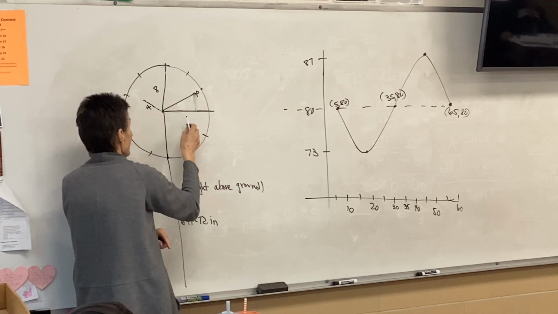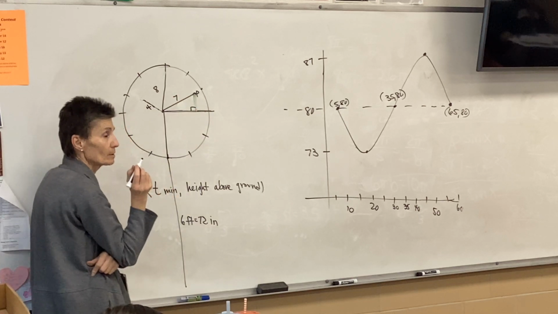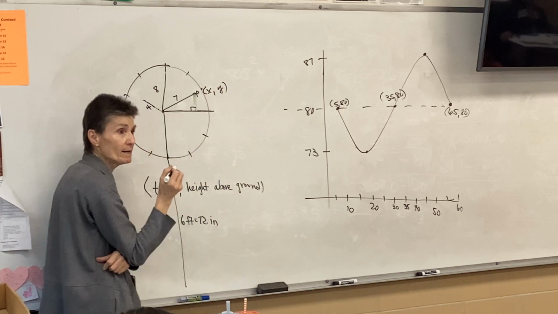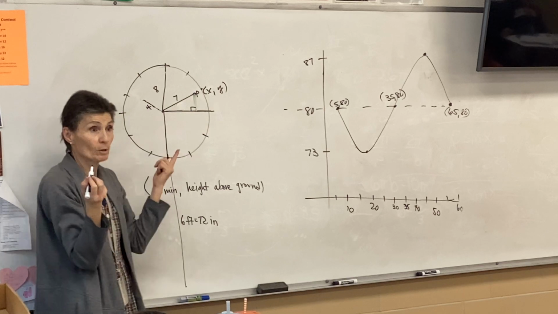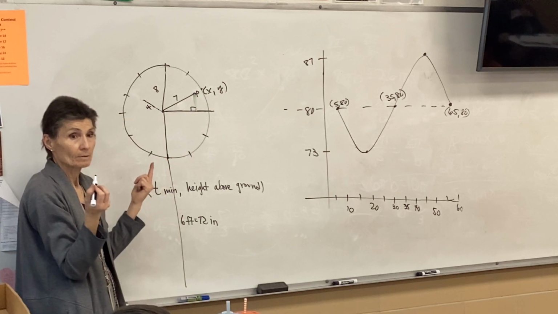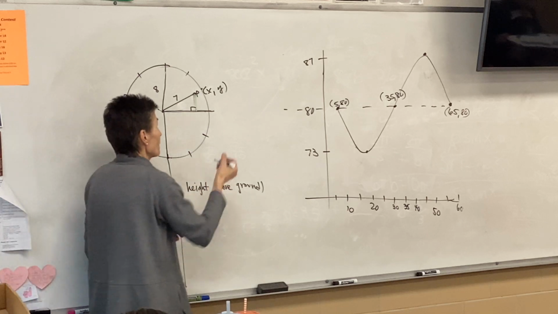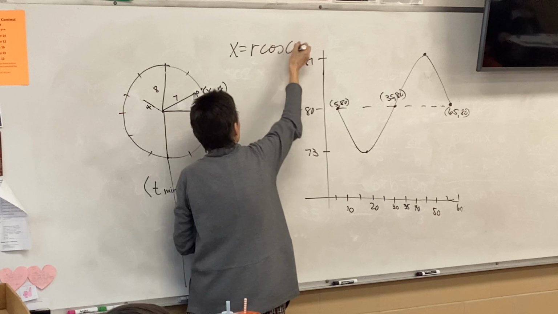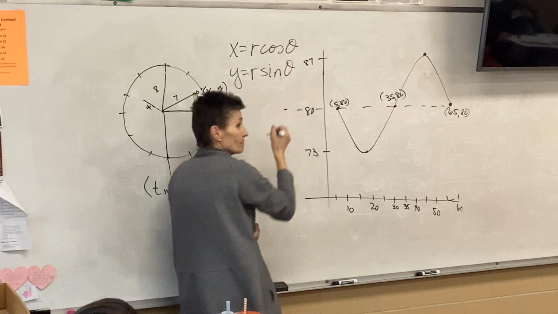Now let's think about this for a minute. In this little triangle, I know the radius is 7. There's a point here that's x comma y, and y is what I'm looking for. Remember that x equals r cosine theta, and y equals r sine theta.